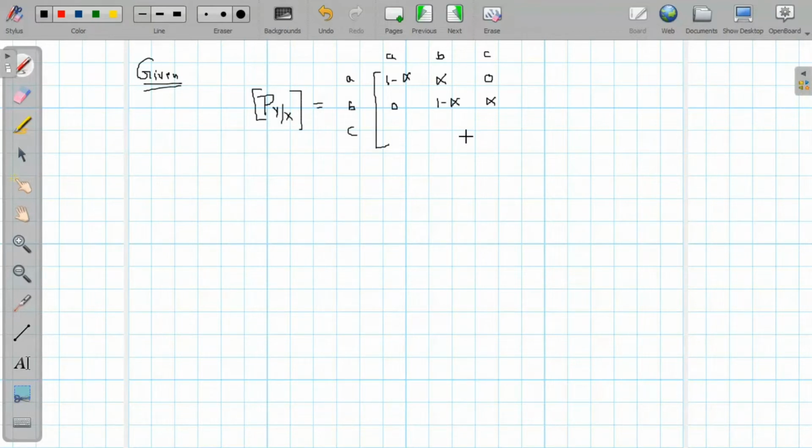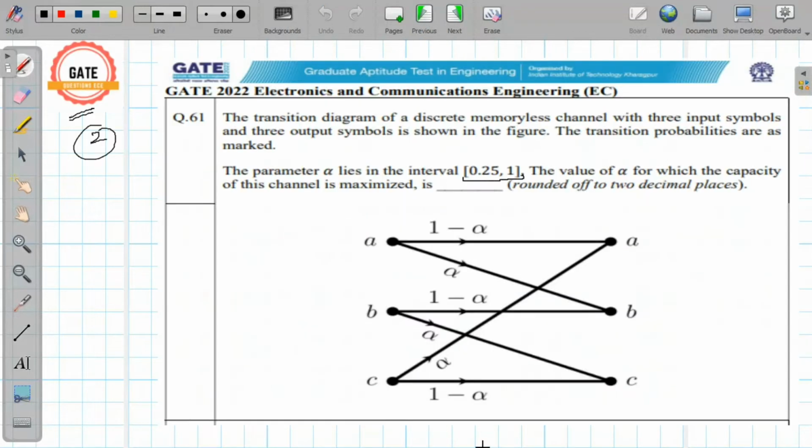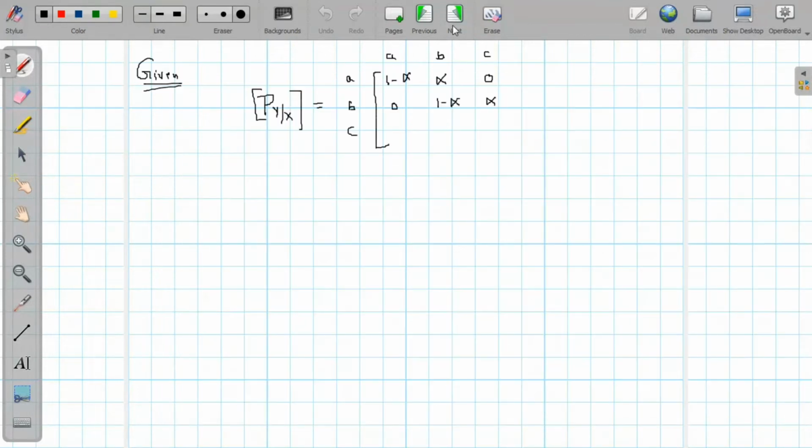Similarly, for the third row we can write from C to C it is 1 minus alpha, and from C to A it's alpha, and otherwise it's 0. So this is the transition probability matrix that is given in the form of transition diagram of discrete memoryless channel.